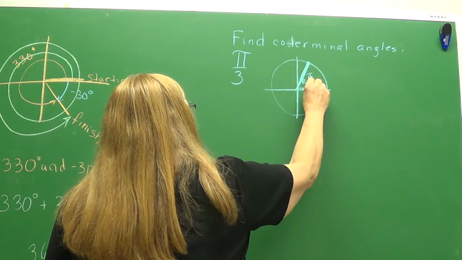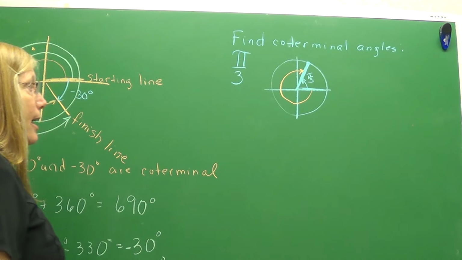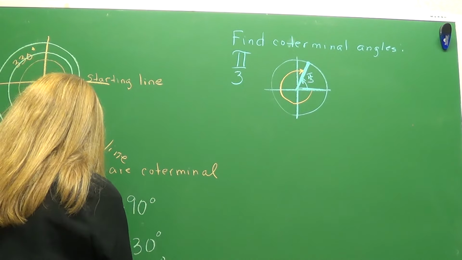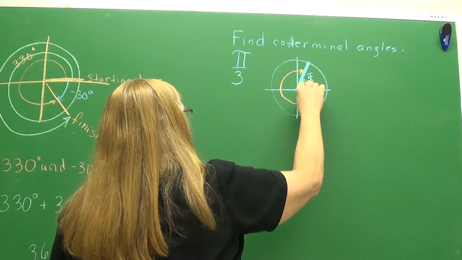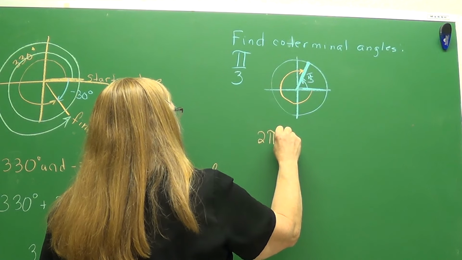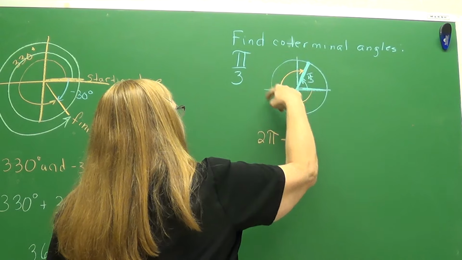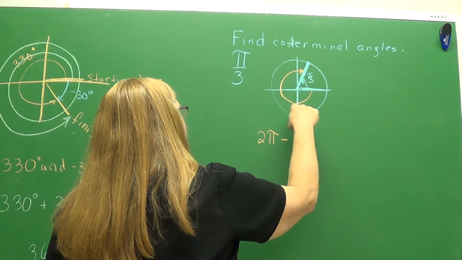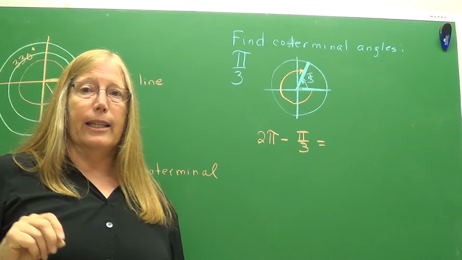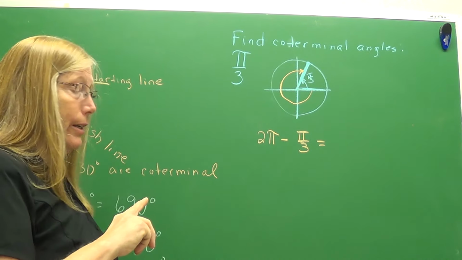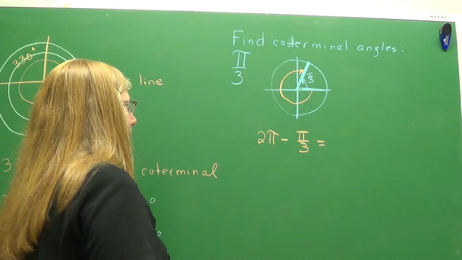So I'm going to do my negative one first. And notice I have the same starting line and the same ending line. Now I need the value of that orange. And I get it by taking one whole circle, which we learned was 2 pi radians, and subtracting pi over 3. So once around minus pi over 3 will give me the orange value, and then I remember to put it in the negative answer. It won't be negative by calculation, but I have to add that negative sign when it goes in the negative direction.